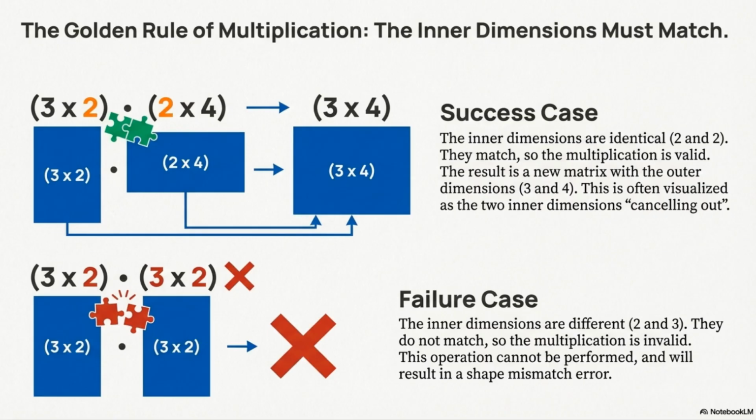The result will have the outer dimensions, which are 3 by 4. If instead we try to multiply a 3 by 2 matrix by another 3 by 2 matrix, the inner numbers are 2 and 3. They do not match, so the multiplication is invalid and would cause a shape mismatch error in code. Always check those inner numbers first, like puzzle pieces that need to lock together.